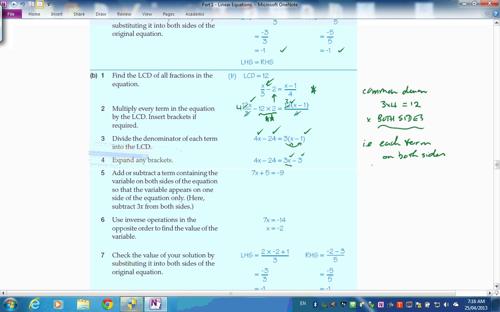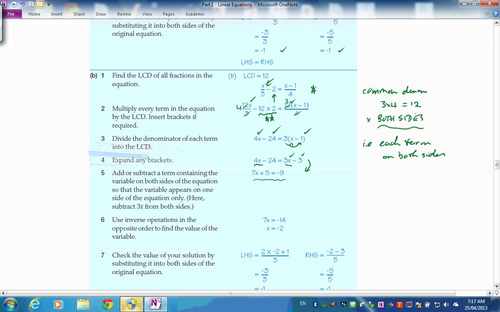what have they done here now? 7x. Well, that's interesting. 7x equals, what have we got here? So we've got 3x take 3, and they haven't really shown how to get to that line there. 7x plus 5 equals 9. That's interesting. Because here we've got 3x take 3 and 4x.